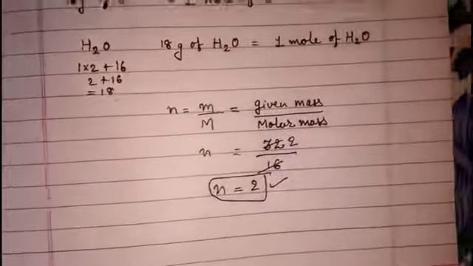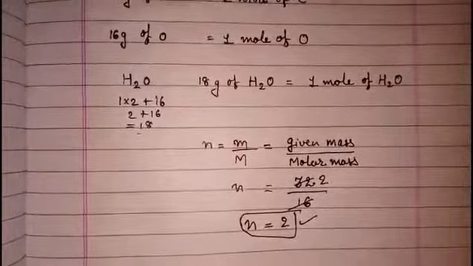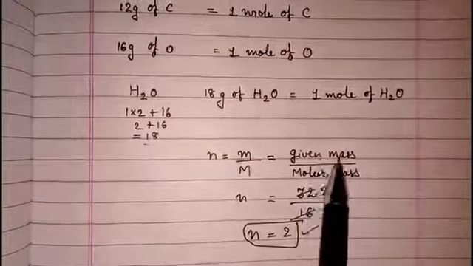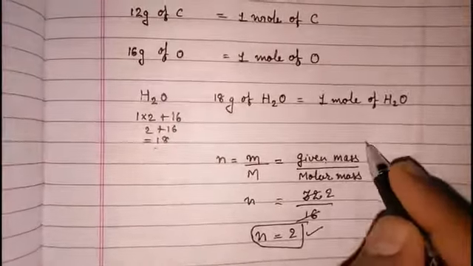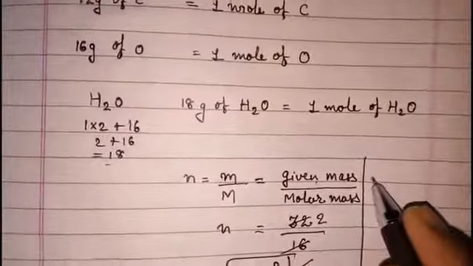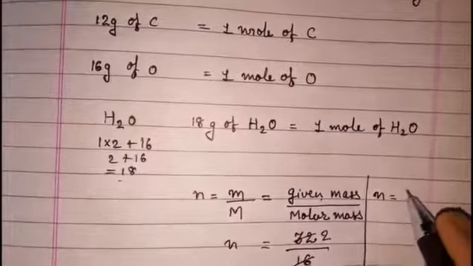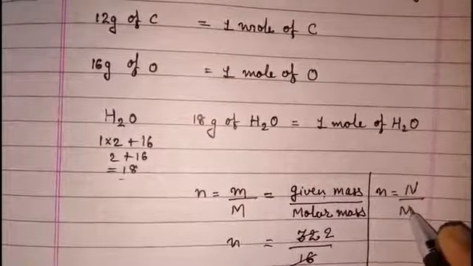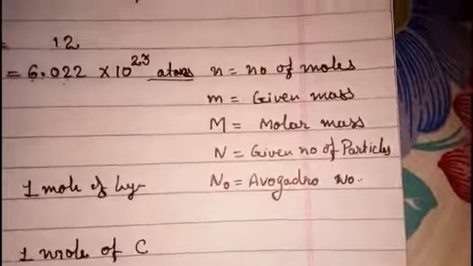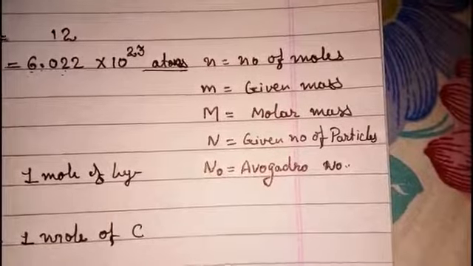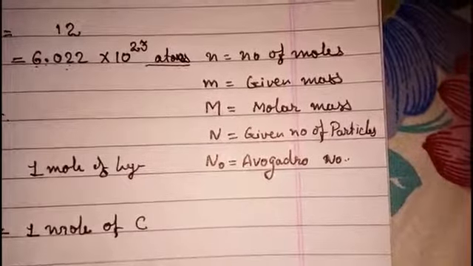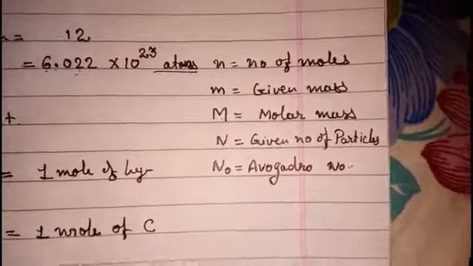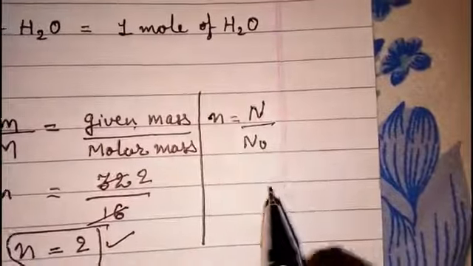And the second formula is for when particles are given. Here they had given us mass, and with the help of mass we can find the number of moles. With the second formula, n is equal to capital N upon N0. If you have seen properly, capital N means the given number of particles. If they are giving us atoms, at that time also we can find how many moles there are.